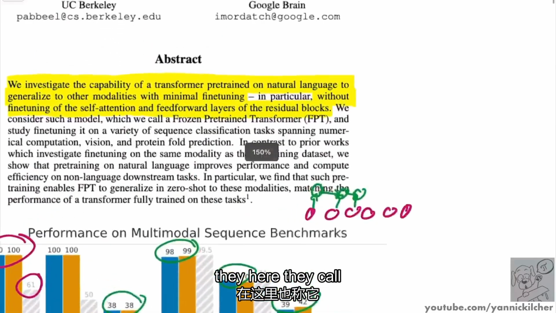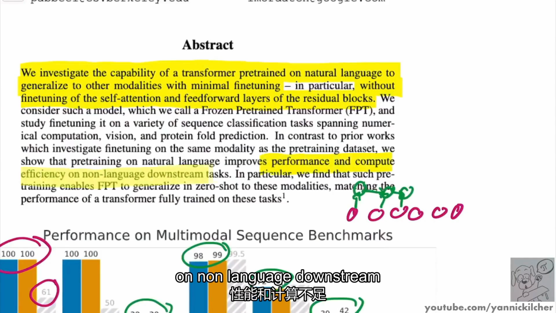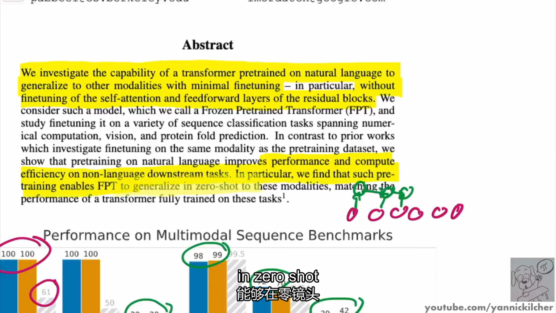Also, here they call it zero shot. They say it improves performance and compute efficiency on non-language downstream tasks. In particular, we find that such pre-training enables the frozen pre-trained transformers to generalize in zero shot to these modalities. Zero shot, I think that's a bit of an overclaim.